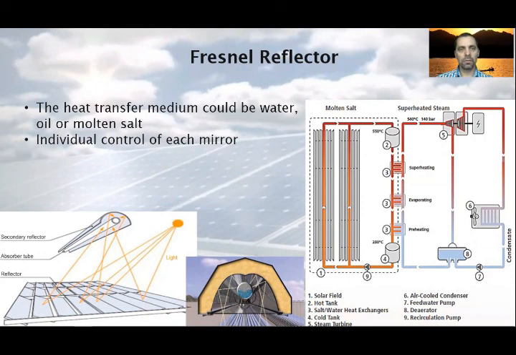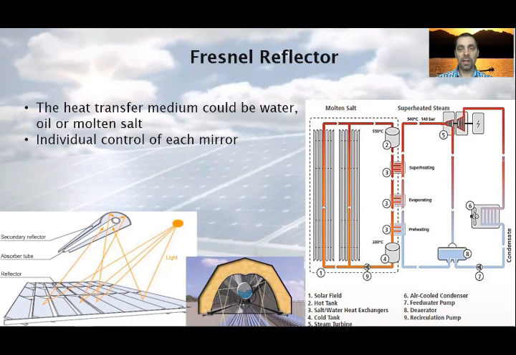In the first two trough systems, the whole structure rotated about an axis coincident with the focal point of the tube. This means that the mirrors and the collector are connected mechanically, requiring bearings through which the collector tube must pass. In the Fresnel system, the individual mirrors rotate to track the sun.